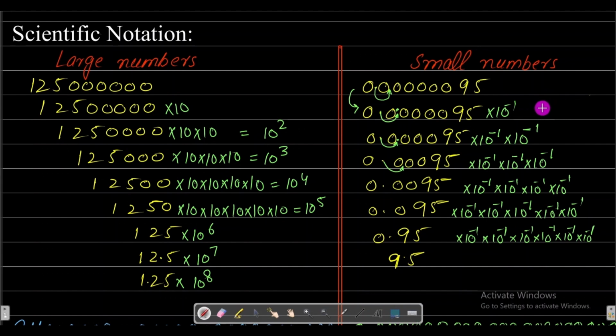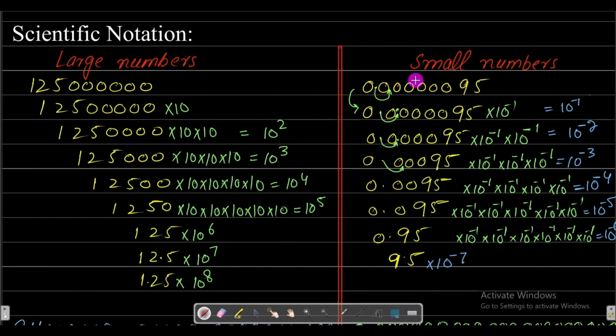So this 10 power minus 1, and this 10 power minus 1 is equal to 10 power minus 1, and here this 2 times of the 10 power minus 1 is equal to 10 power minus 2, and 3 times of the 10 power minus 1 is equal to 10 power minus 3, and similarly 4 times of the 10 power minus 1 is equal to 10 power minus 4, and similarly it will become 10 power minus 5, and it is 10 power minus 6. Now this becomes 10 power minus 7.